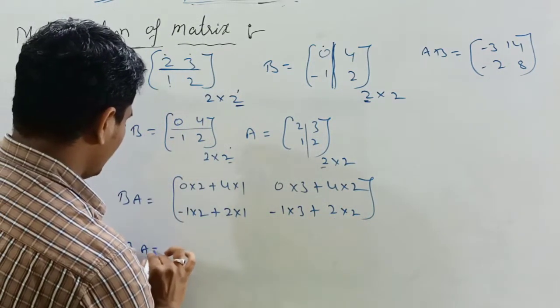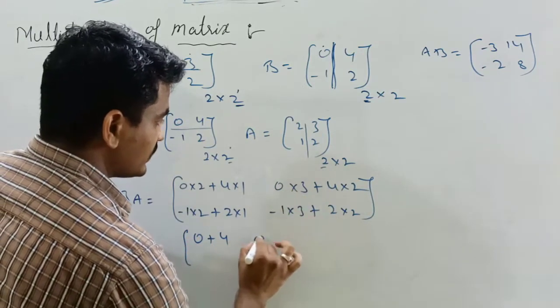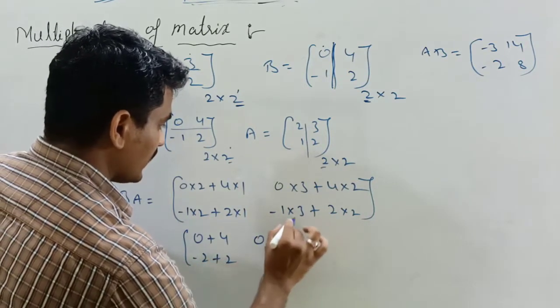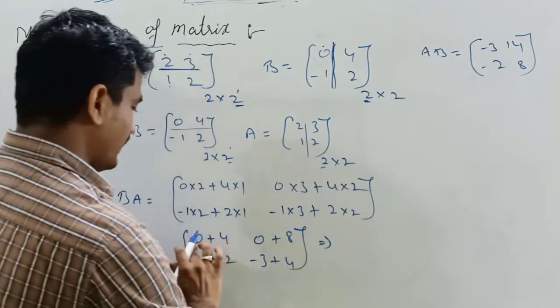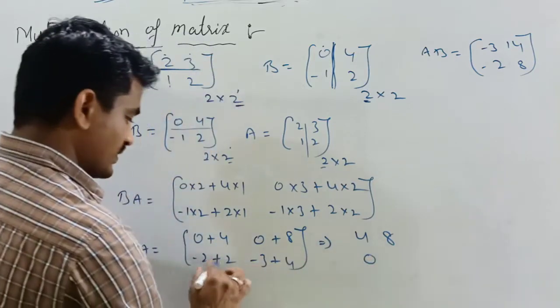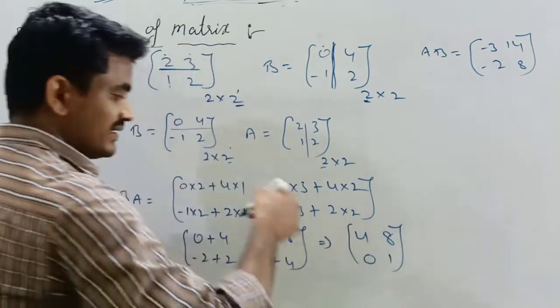We get 0 plus 4, 0 plus 8, minus 2 plus 2, and minus 3 plus 4. After simplifying, this is 4, 8, 0, and 1. So this is the answer.